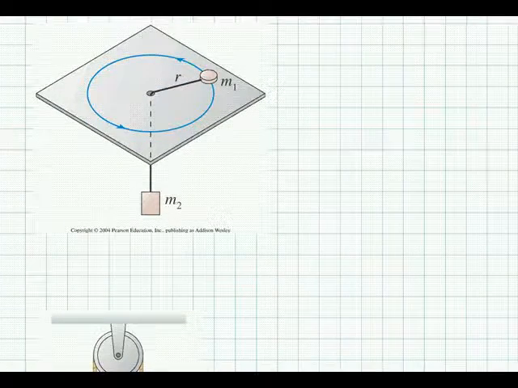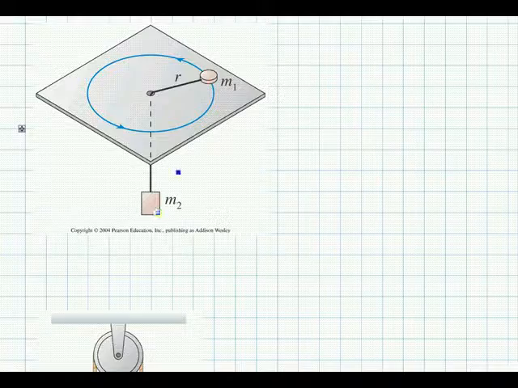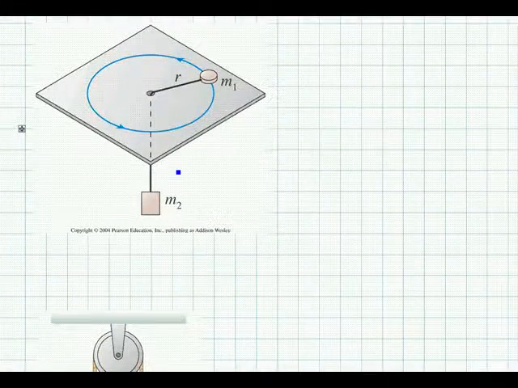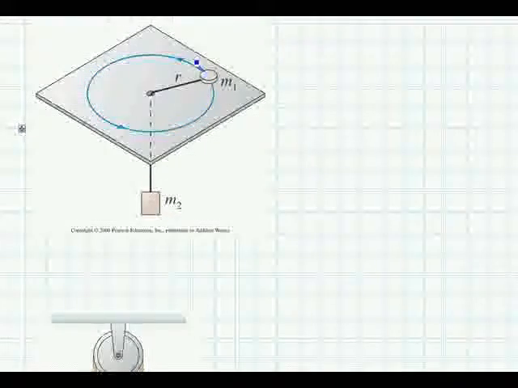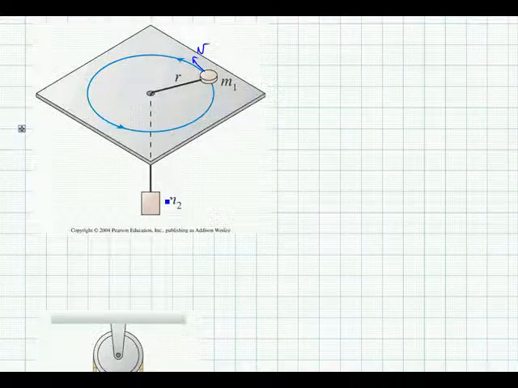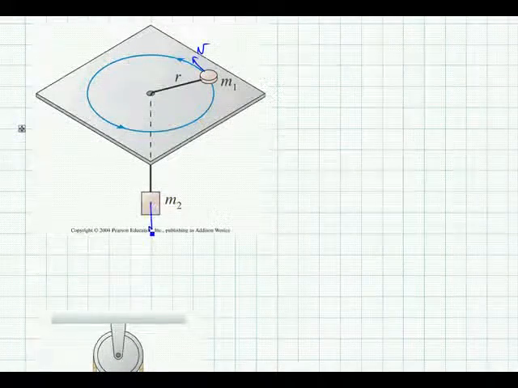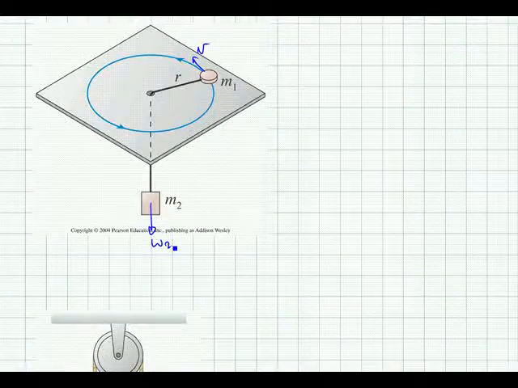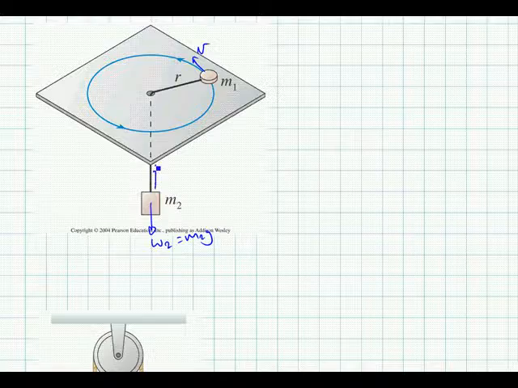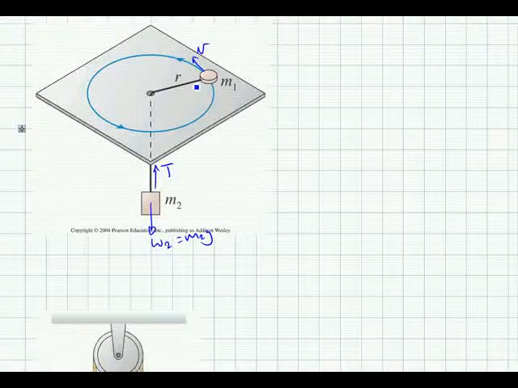Problem like this. We have a mass 2 and mass 1. Mass 1 is undergoing uniform circular motion. Let's say it's going around with some velocity v. Now, if you look at our mass 2, we have W2 acting down, which is equal to m2g, of course, and we have tension in the string.